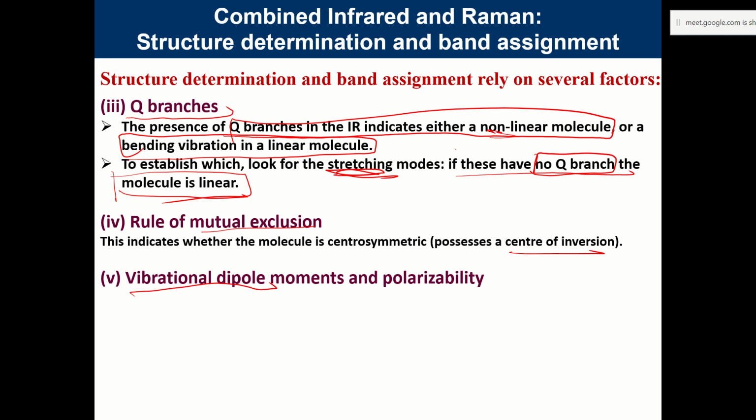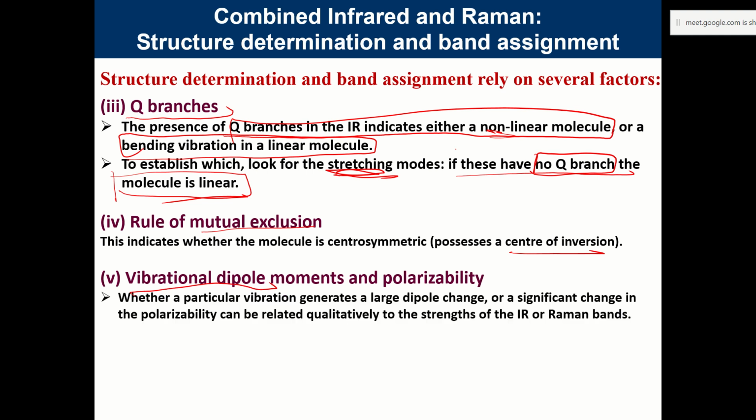Vibrational dipole moments and polarizability. So if you have a very large dipole change, the signal will be very good, whatever the strength of the signal of the IR band; in infrared spectroscopy you will have a very good signal. And if the change in polarizability is larger, then the Raman band will be very good, very intense.